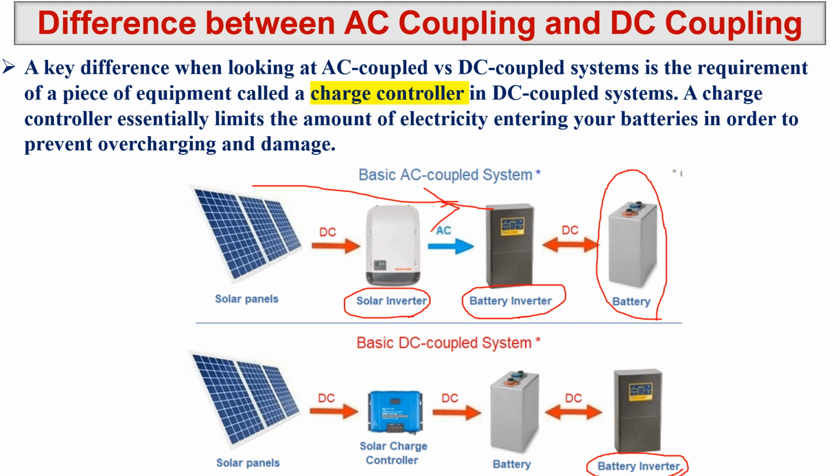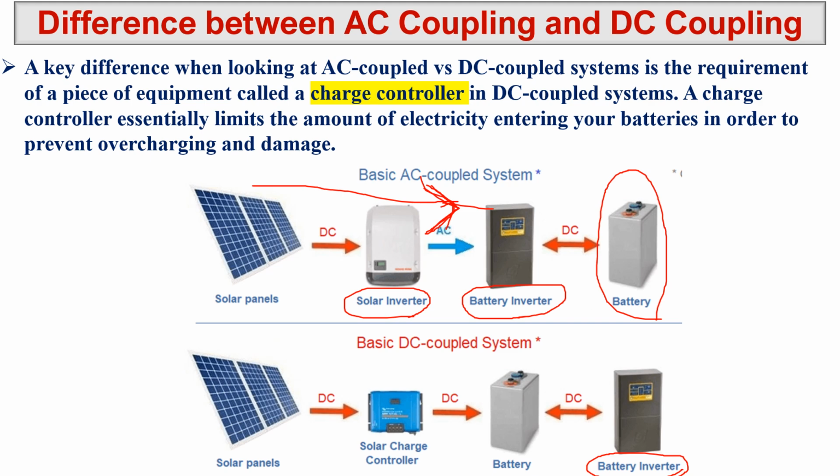Then after supplying to the house, if you have excess power, that excess power will charge the battery. The house is not shown in this picture, but whatever the house demand is, you supply to the house first, then send whatever is in excess to the battery. I mean, the battery is charged by excess power.